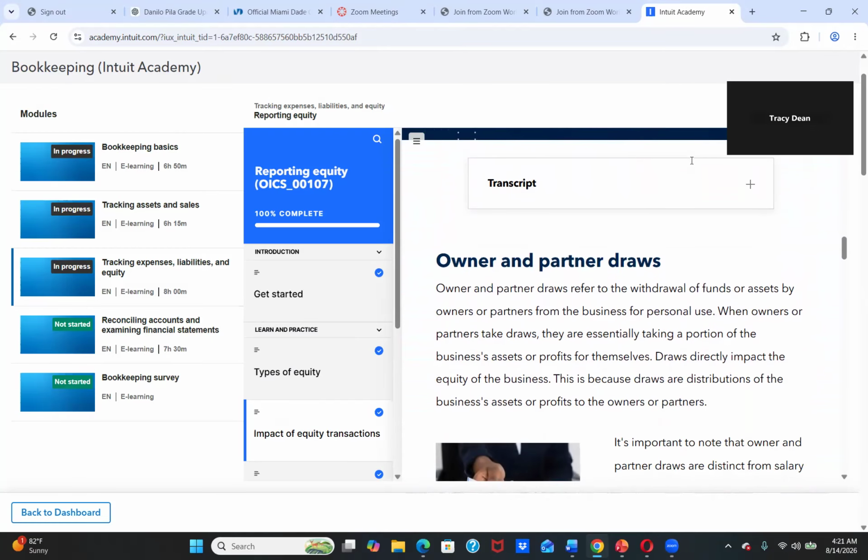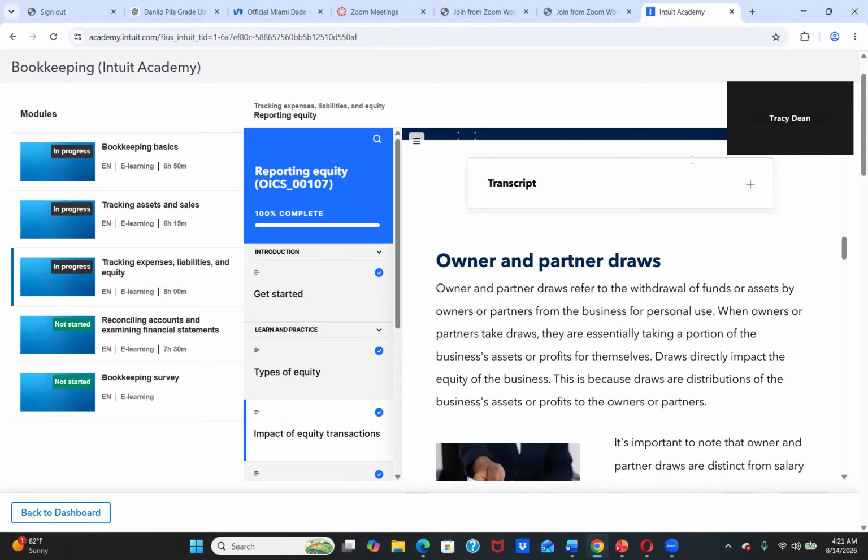Then you'd look at what we call owners and partners draw. So the owners and partners draw refers to the money or assets taken out by owners or partners from the business for personal use.